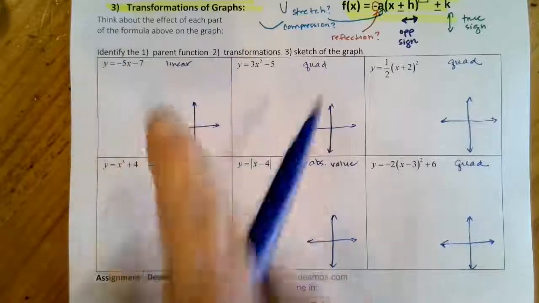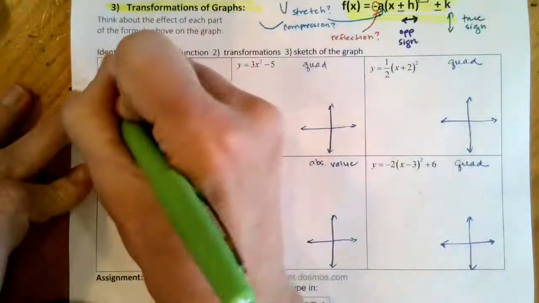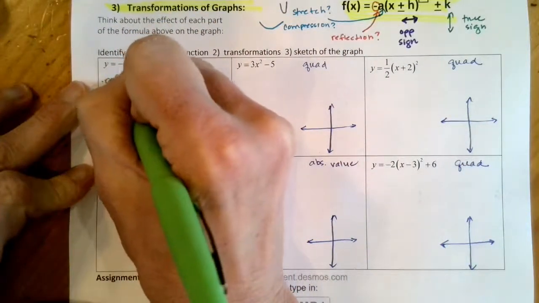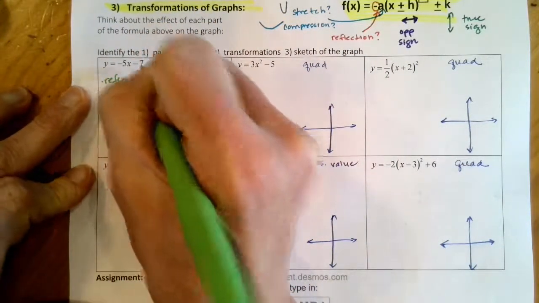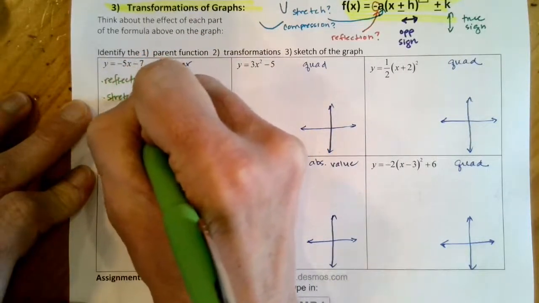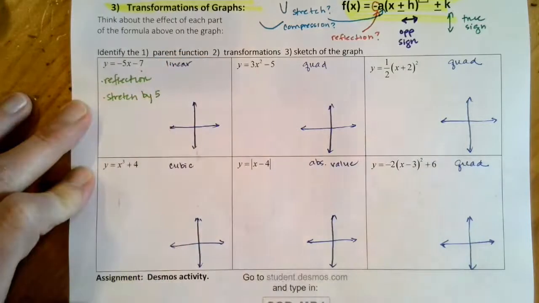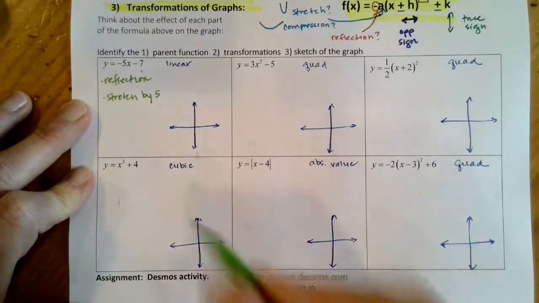All right, ready? This graph I know is going to be, first of all, a reflection. It is going to be a stretch by 5. It's going to go up 5 times faster.